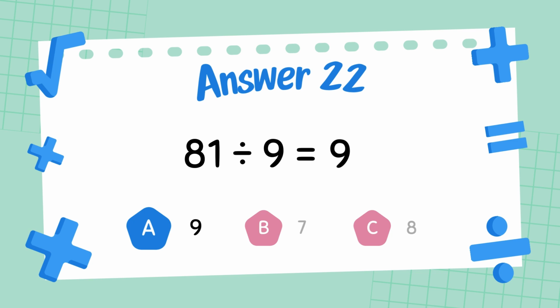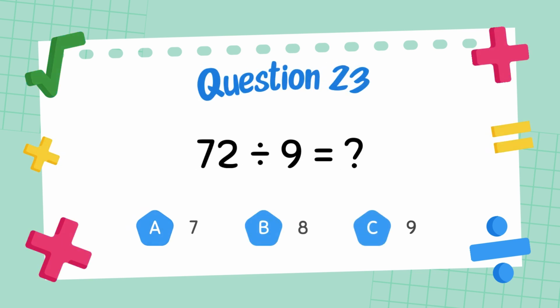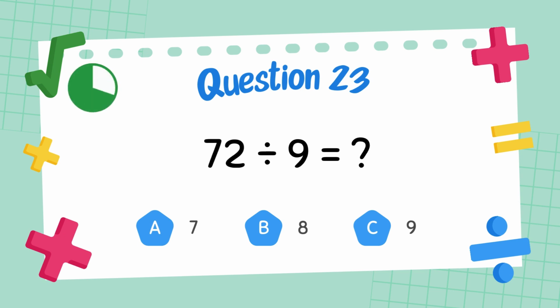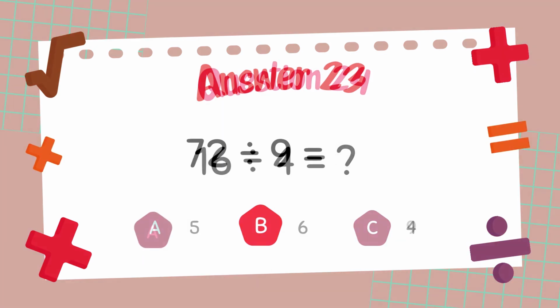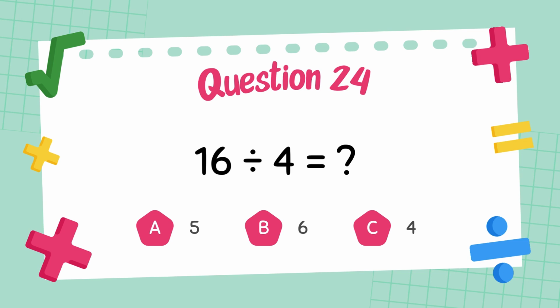The answer is 9. What is 72 divided by 9? The answer is 8. What is 16 divided by 4?